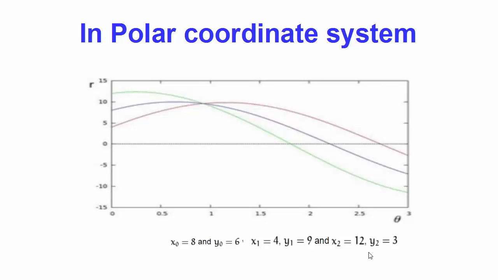They can be represented in the Hough space using 3 lines. And as we have seen in the Cartesian coordinate system, these points can be represented in the Hough space in the polar coordinate system also using these curved lines. And this intersection is going to represent a line in the Hough space.